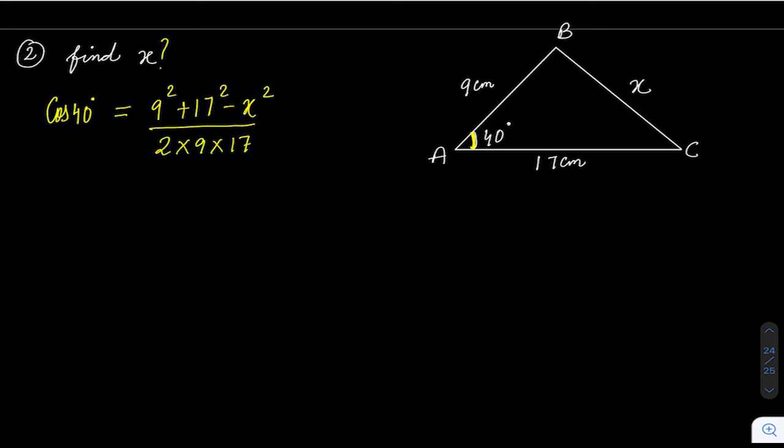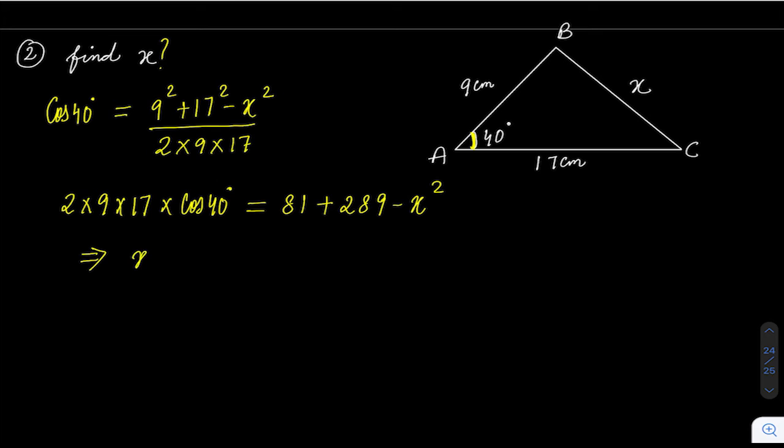So we will multiply 2 times 9 times 17 times cos of 40 degrees equal to, this is nothing but 81. 17 squared is 289 minus x squared. So let's use our calculator and find the x value.